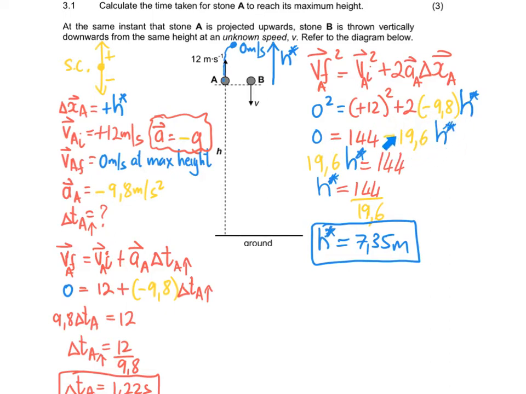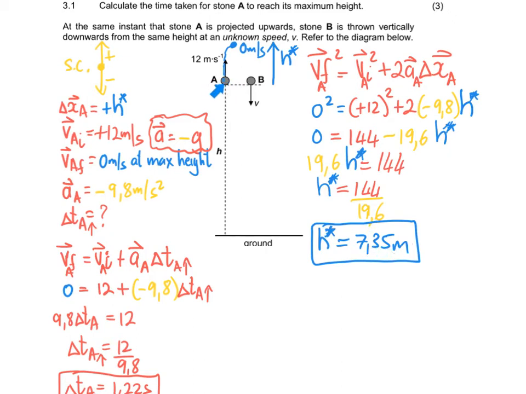Take the 19.6 H star to the left hand side, it changes from minus to plus, and then divide by 19.6 on both sides, and H star is going to be 144 divided by 19.6, which is 7.35 meters.